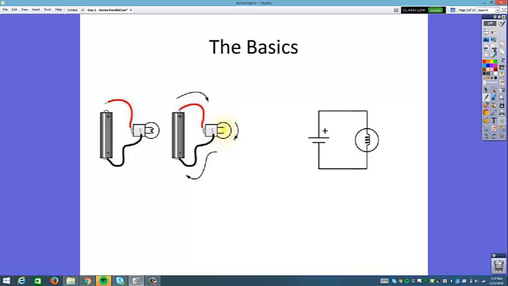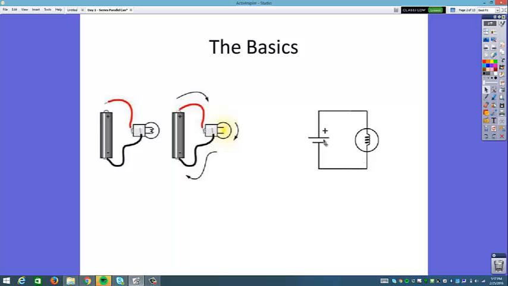So what we have to do first is come up with a way to draw all this stuff. The circuits that you see over here on this side, those are what you normally look at. You have your battery, your positive, your negative, and then you have your light bulb. What we do is create something called a schematic design. With your schematic design, you're drawing it in a more uniform manner, so that way everyone, no matter where they're at, can interpret your circuits.